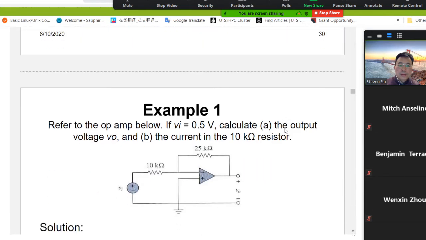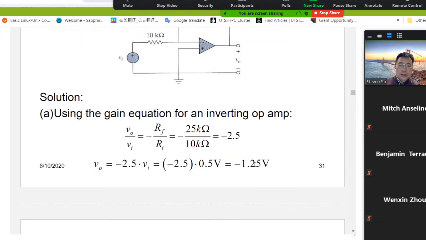Sorry, it's minus 1.25, right? The gain is negative 2.5, 25 over 10. So Vin is 0.5 times the gain, so it's minus 1.25.